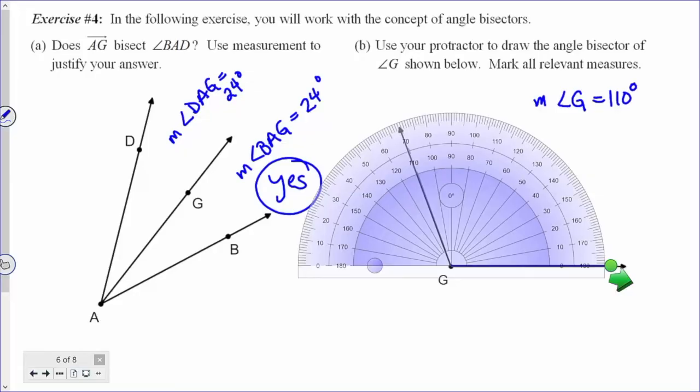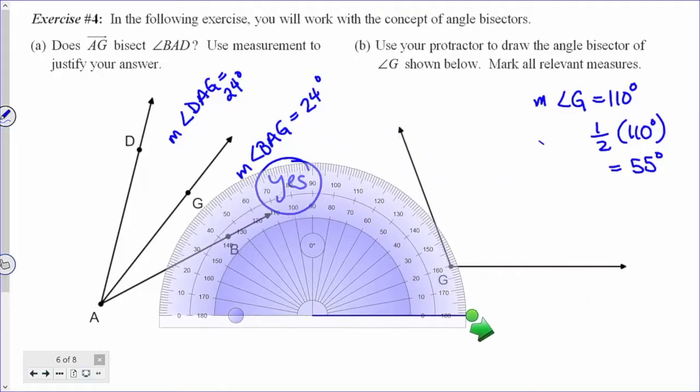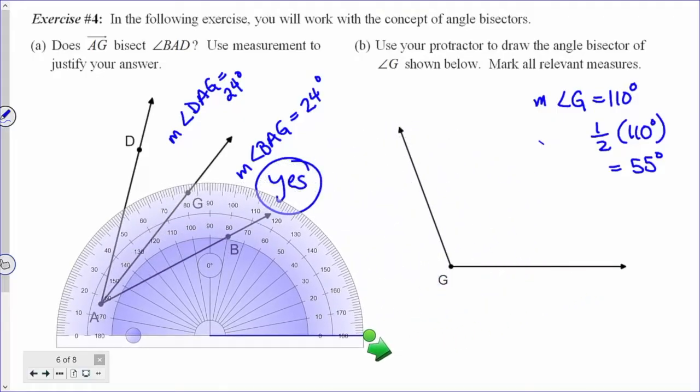Of course, what the angle bisector should do is take half of that. And half of 110 degrees, or 110 divided by 2, is 55 degrees. So if I want to bisect the angle now, I need to figure out where 55 degrees is, right about there. I'm going to move this out of the way.